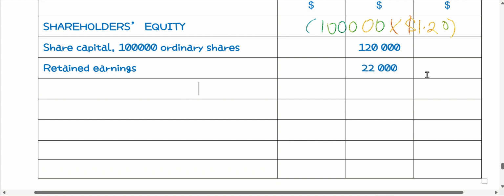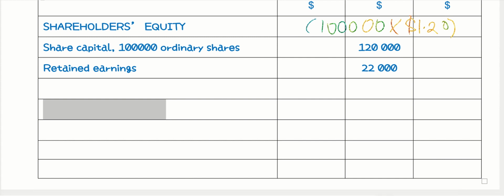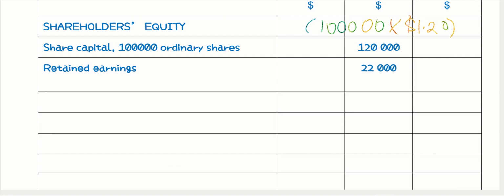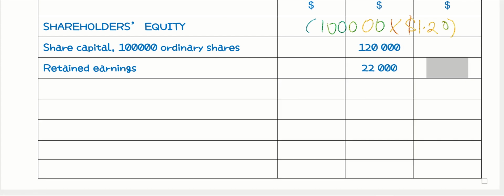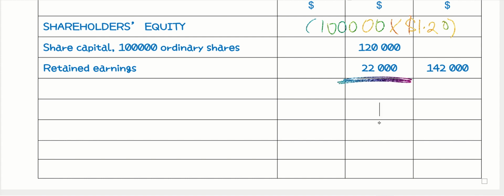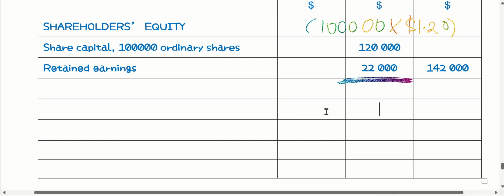Therefore, the total shareholders equity, you add the two up together. Okay, you add the two up together is 142,000. Of course, over here, you're going to draw a line. Okay, so that is the shareholders equity section.